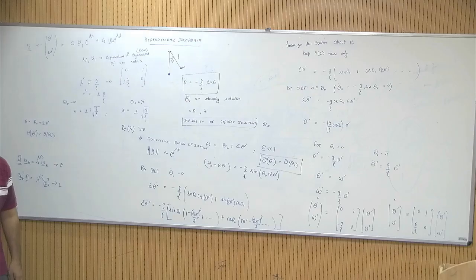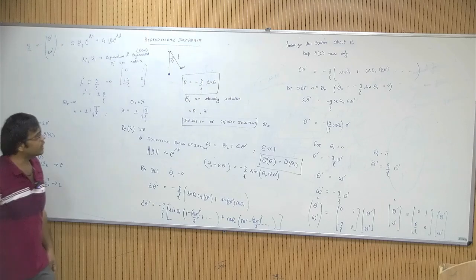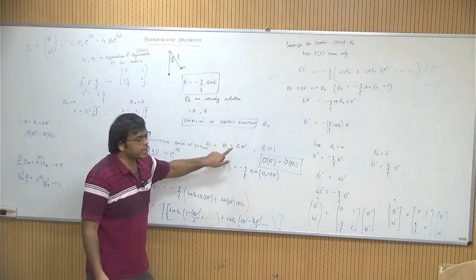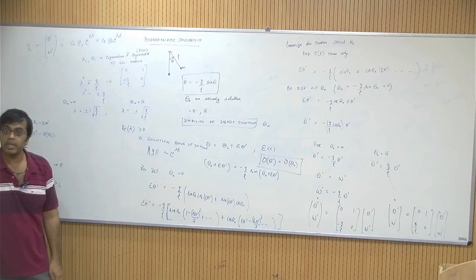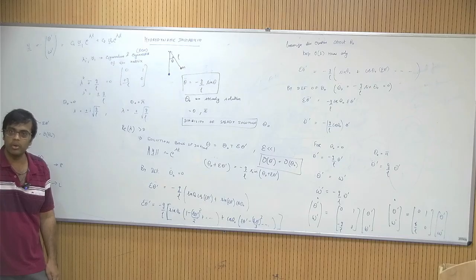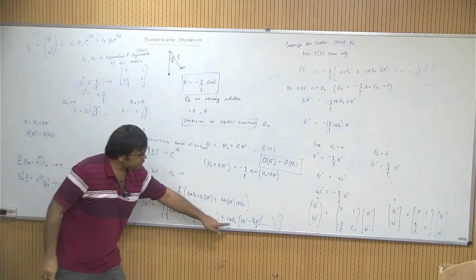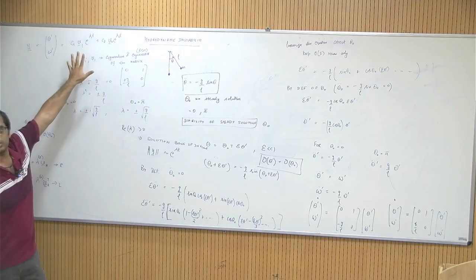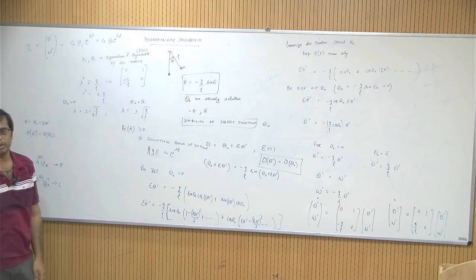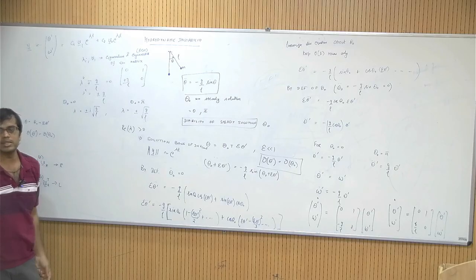But the analysis you did requires that the order of theta prime is not infinite, or that epsilon theta prime is smaller than theta naught. The perturbations are small. When the perturbations are small, the solution grows exponentially in time, but when the perturbations become large, your nonlinear terms become important, and you can't say that your solution obeys this solution form. Then you have to derive further corrections in your solution.